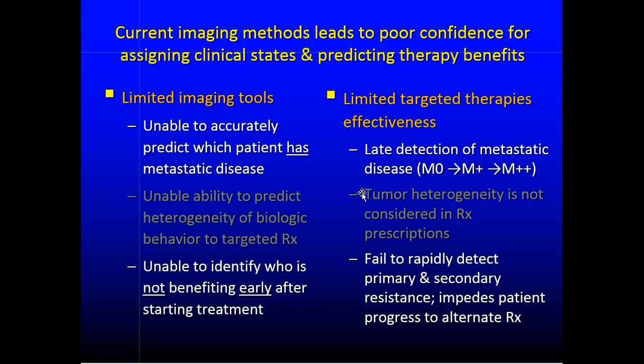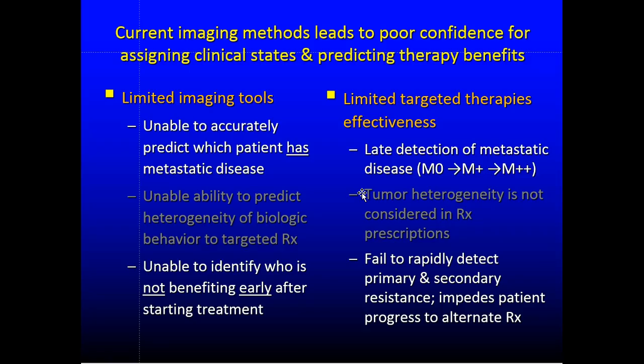As a result, many patients whom we think are M0 are in fact M+, and patients we think have oligometastatic disease have polymetastatic disease. We are also unable to be confident about which patient is not benefiting from treatment early after starting treatment, which means that we fail to rapidly detect primary and secondary treatment resistance, which impedes the patient's progress to alternative therapies.